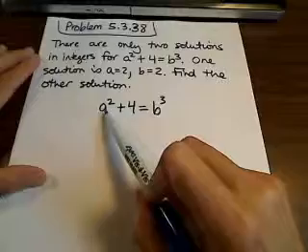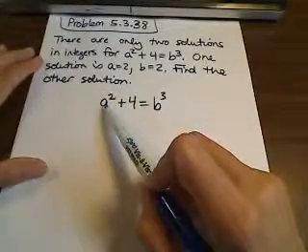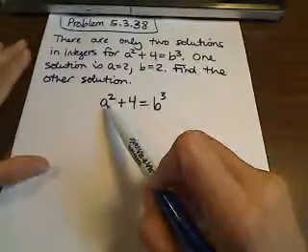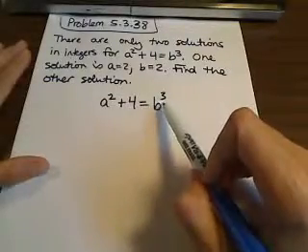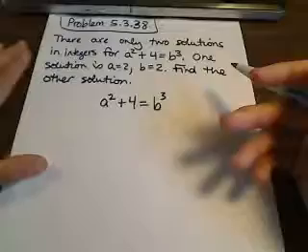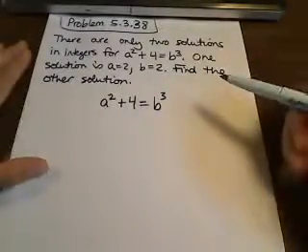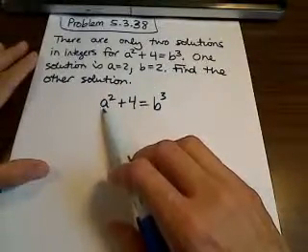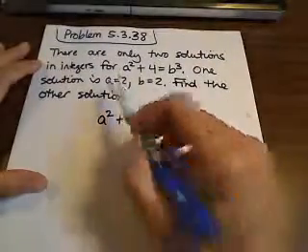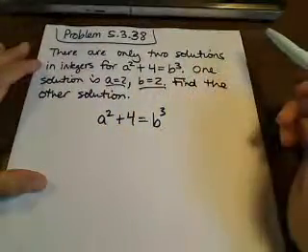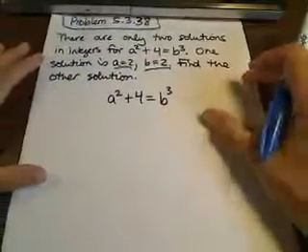When you square something, you're multiplying it times itself, and when you cube it, you're doing it 3 times. Cubing amplifies the number more quickly than squaring does. So that logically means this number needs to be larger than this number. Not always. You can see that one solution was a equals 2 and b equals 2, but those are relatively small numbers.